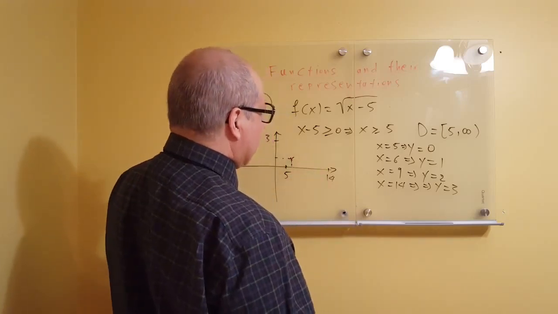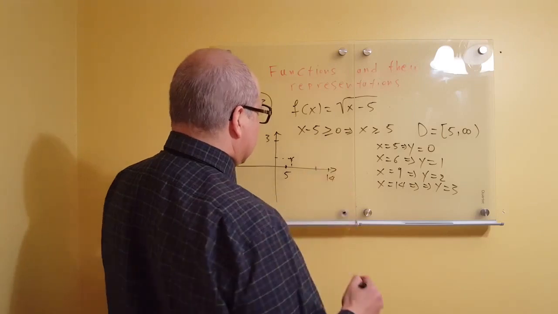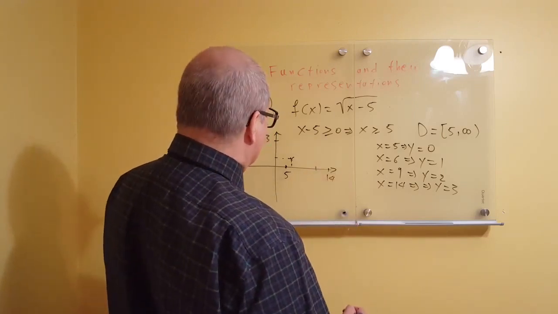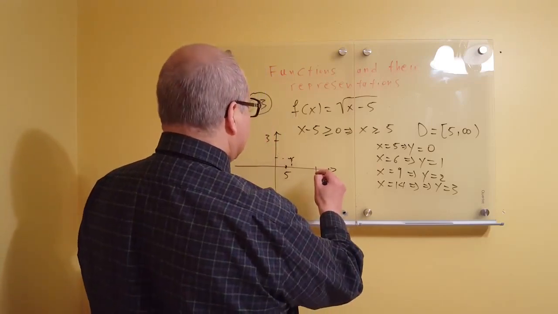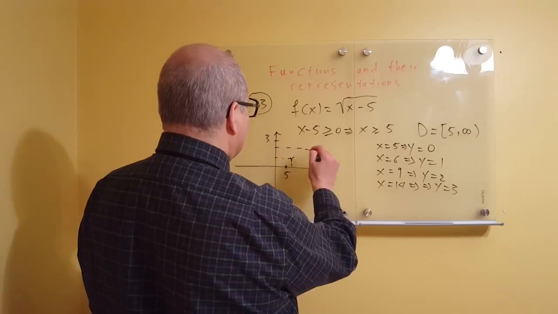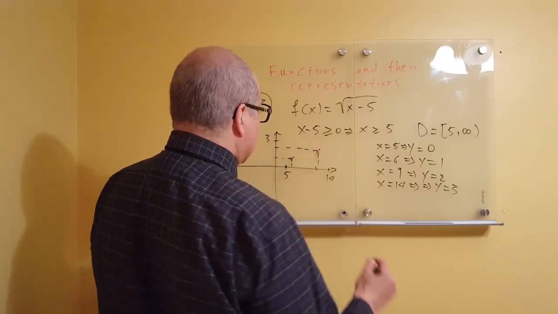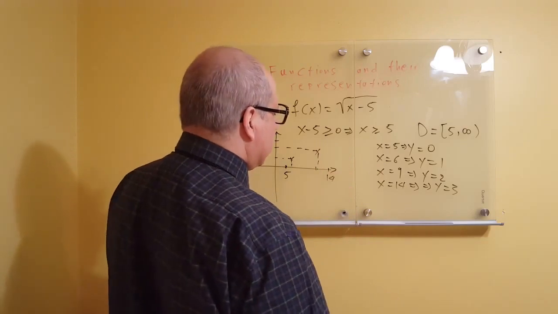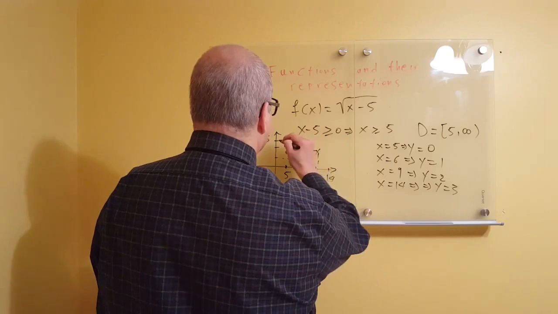Then for x equal to 9, let's say the 9 is approximately here, you have that y is equal to 2. So this is the other point. And finally for x equal to 14, you have 3. So let's say the other point should be this here.